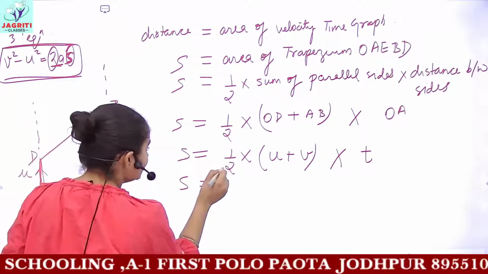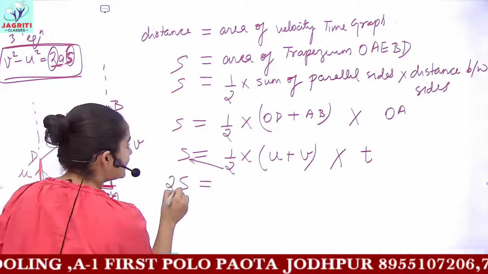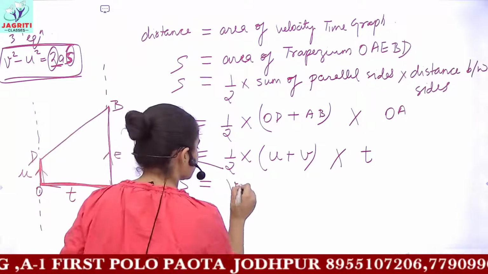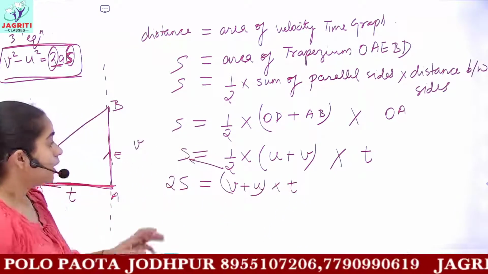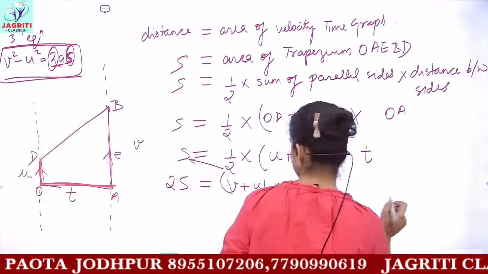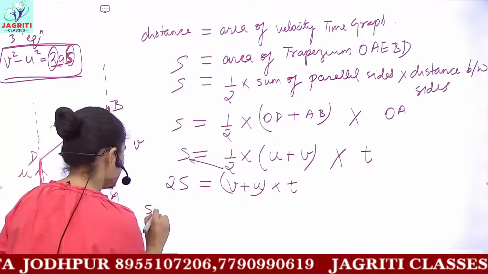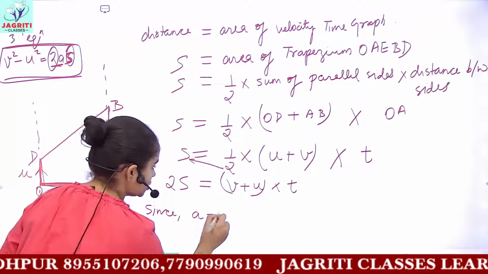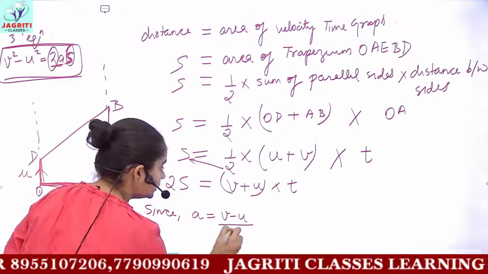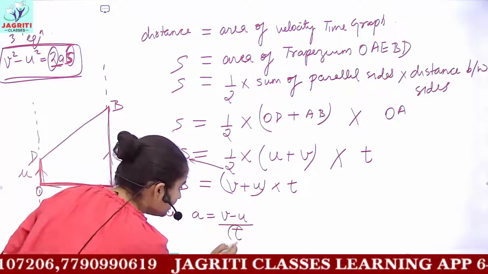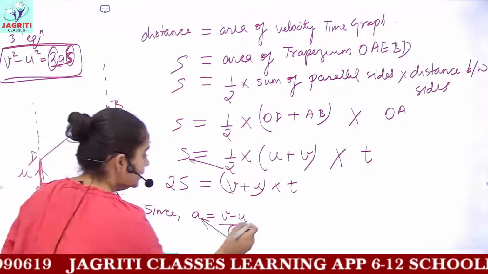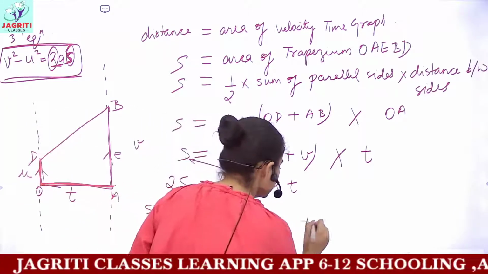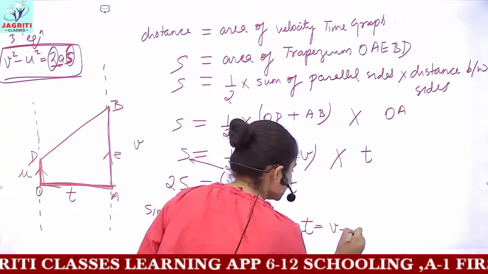So I get 2S equals V plus U multiplied by T. Now, we know that acceleration is V minus U upon T. If I shift T to the left hand side, I would get AT equals V minus U.